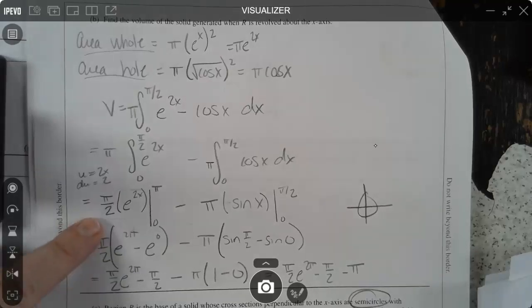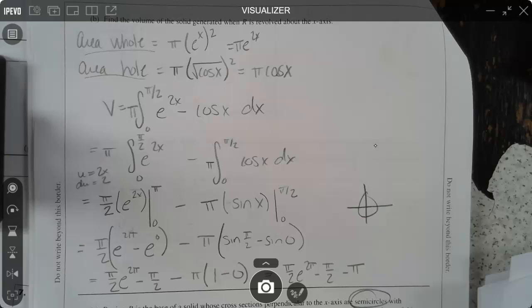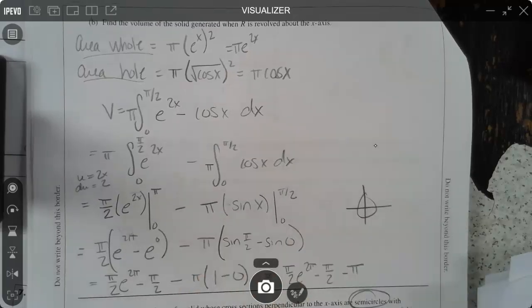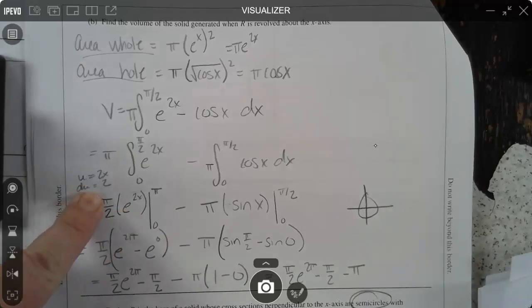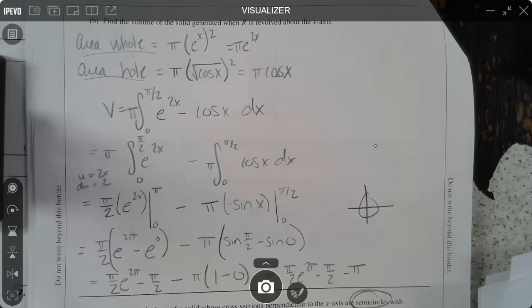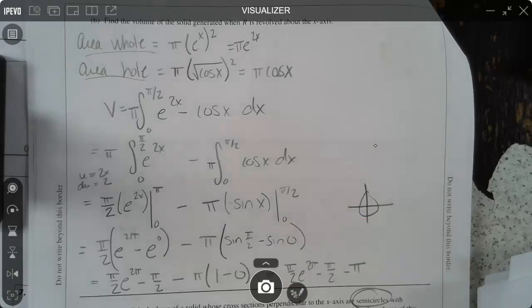This was a little u substitution. That's why I have pi over 2 here. This one was just straight evaluate. I adjust my bounds. If you do a u substitution, your bounds have to be adjusted for the u substitution as well.